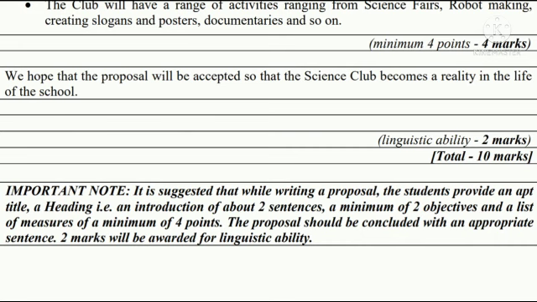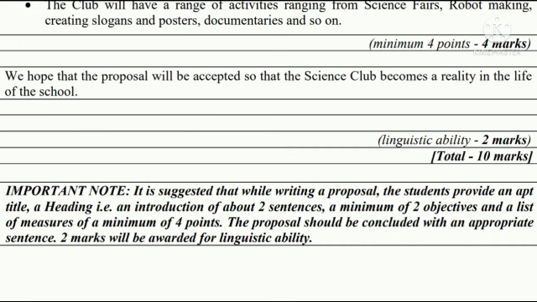Important note. It is suggested that while writing a proposal, the students provide an apt title, a heading, that is an introduction of about 2 sentences, a minimum of 2 objectives, and a list of measures of a minimum of 4 points. The proposal should be concluded with an appropriate sentence, that is the concluding statement. 2 marks will be awarded for linguistic ability.